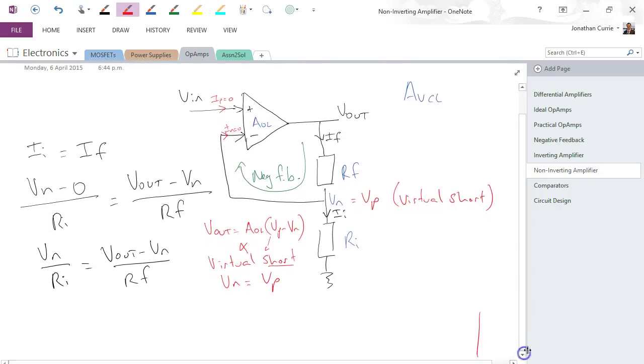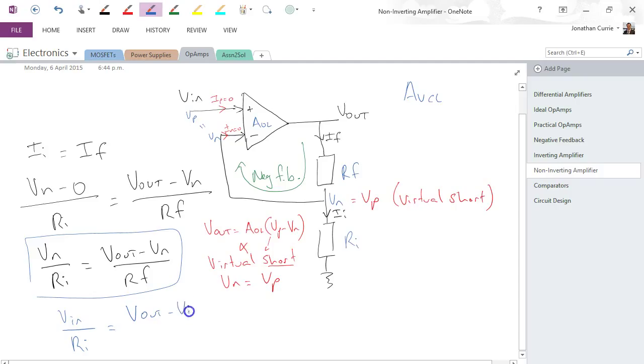And therefore we can substitute into this expression Vin for Vn. Vn being the same as Vp, those two are equal according to the virtual short, so Vin over Ri is equal to Vout minus Vn over Rf.